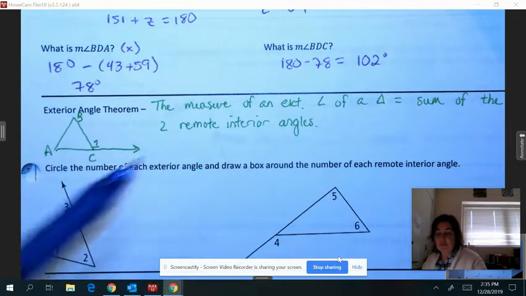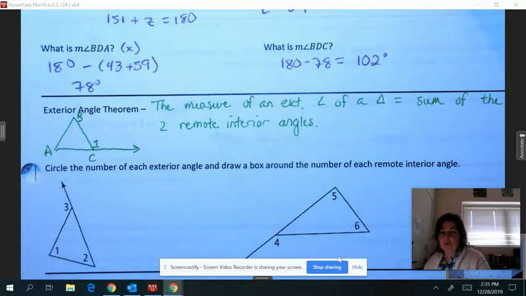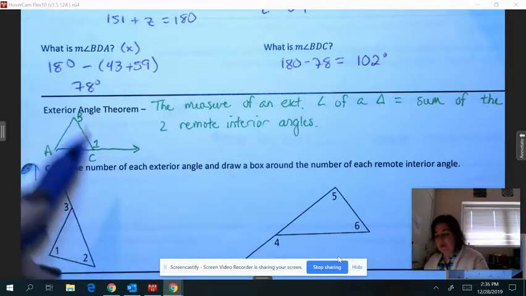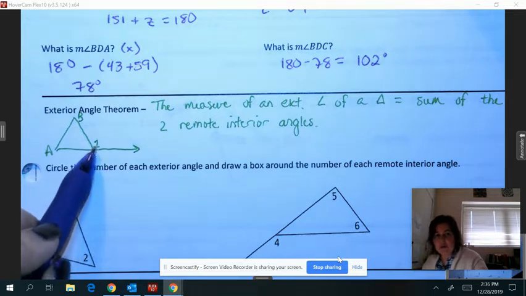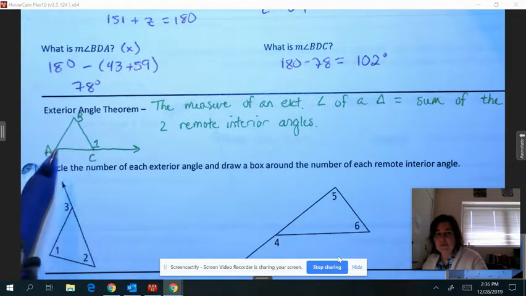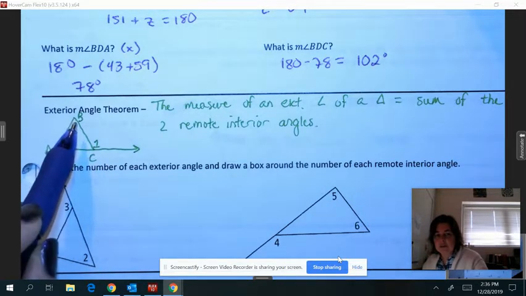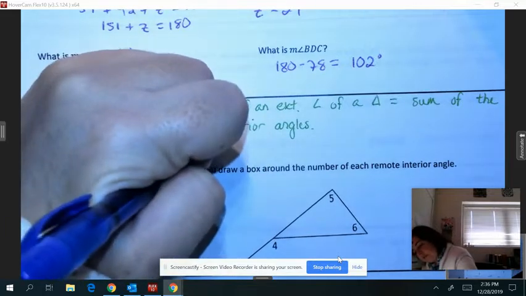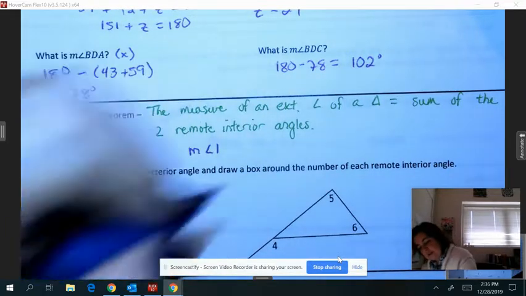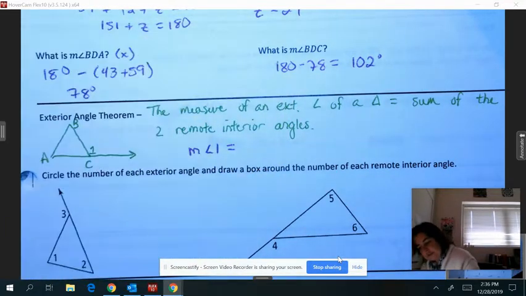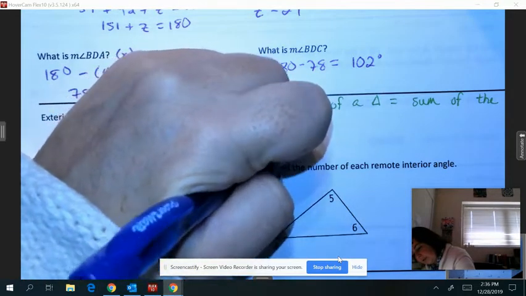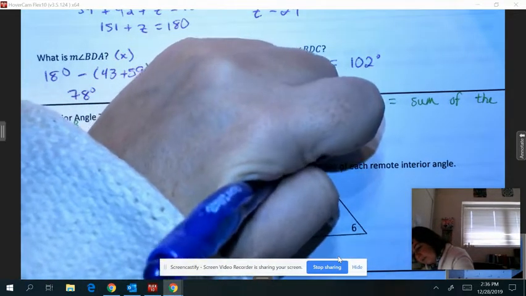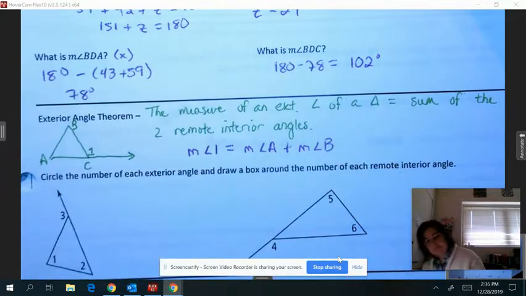If you travel to a remote area of the world, you've traveled somewhere far away. So if I think about the two remote angles that are associated with angle 1, two angles farthest away, so angle A and angle B. That means the measure of angle 1 is equal to the sum of the two remote interior angles, measure of angle A plus the measure of angle B.